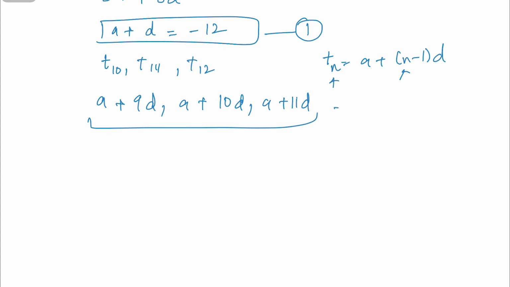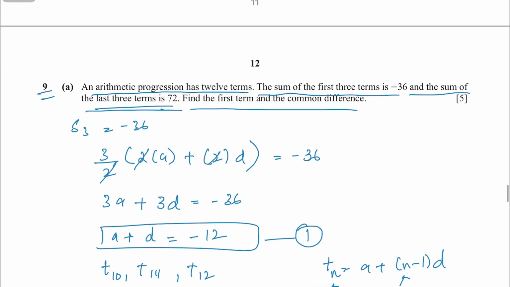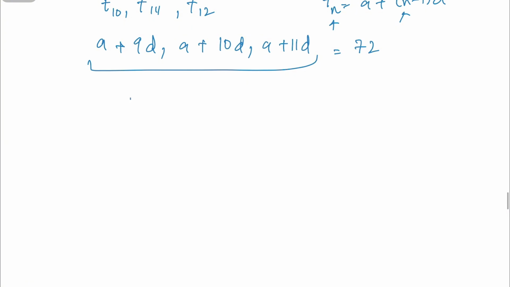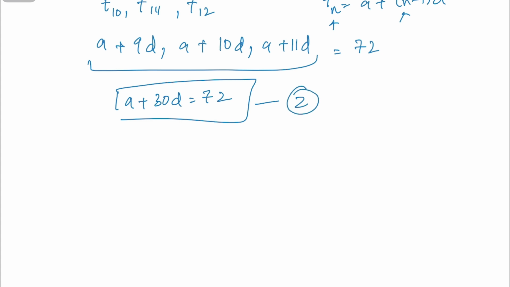So we add them all and equate it to 72, which was given in the question. So we get our final answer as a plus 30d equals 72. This is our second equation.